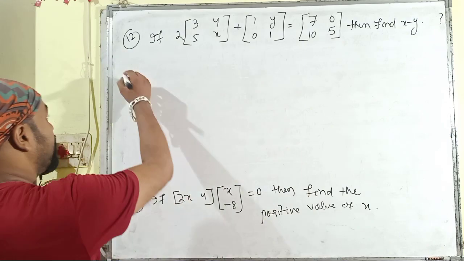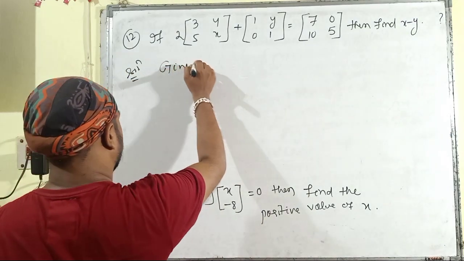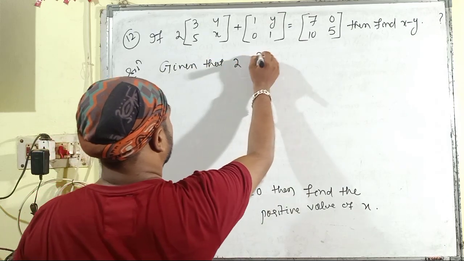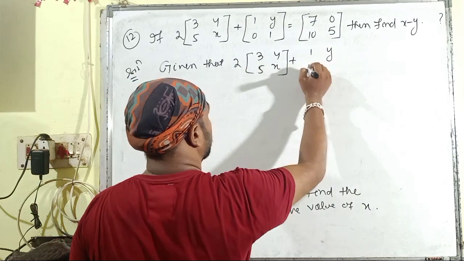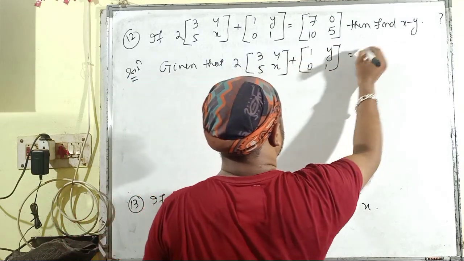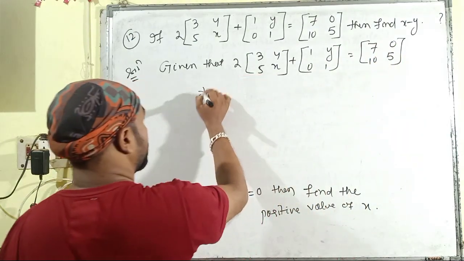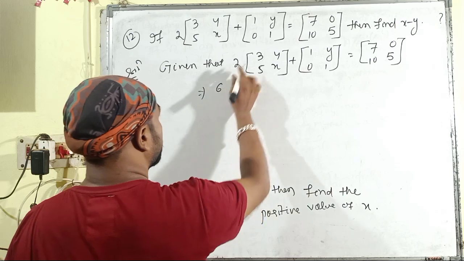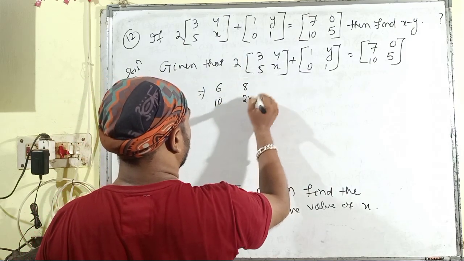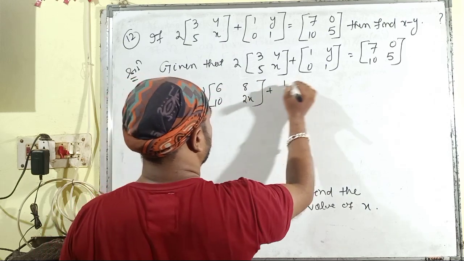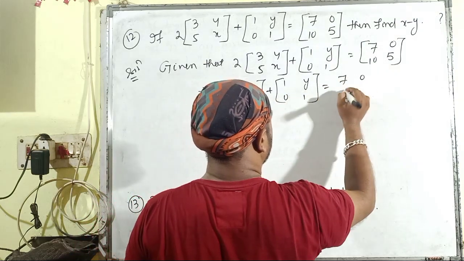Then let us go through the problem number 12. First of all, let us go through the given data here. Given that 2 3, 4 5 times x plus 1, y 0 1 is equal to 7 0, 10 5. Then multiplying it, we get 6 8 10, then 2x plus 1, y 0 1, it is 7 0, 10 5.